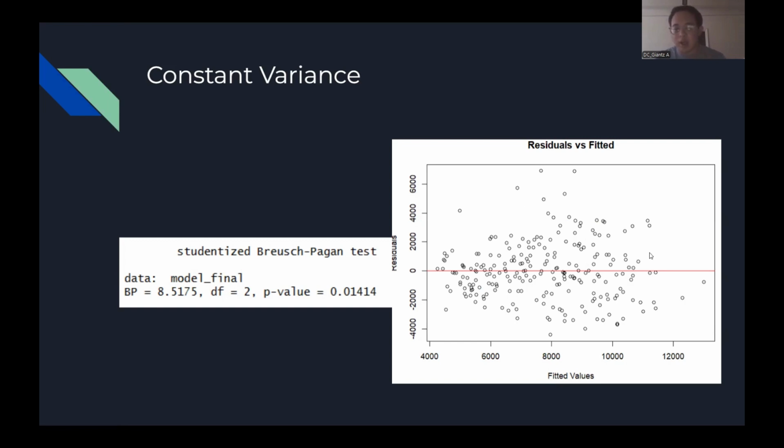And looking at the Breusch-Pagan test, you can see that the p-value is less than 0.05, which suggests that the variance of our final model isn't exactly constant, which is something we don't want.